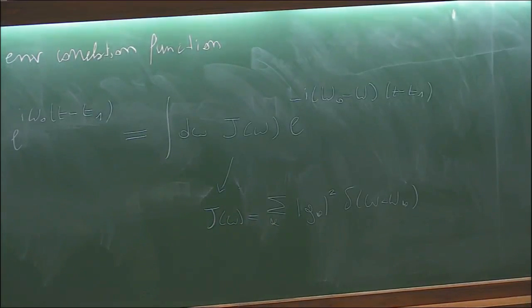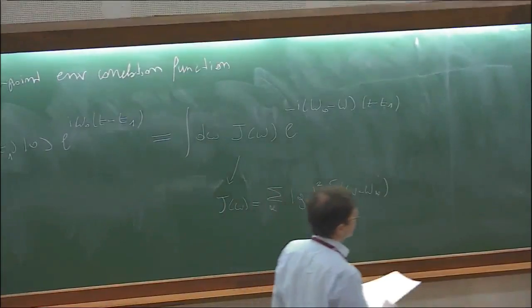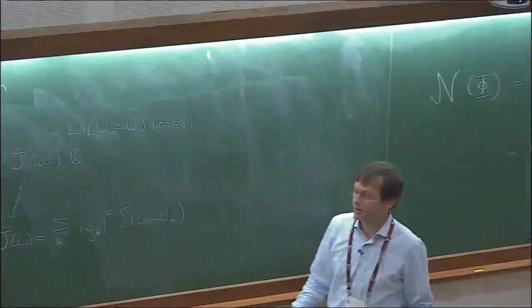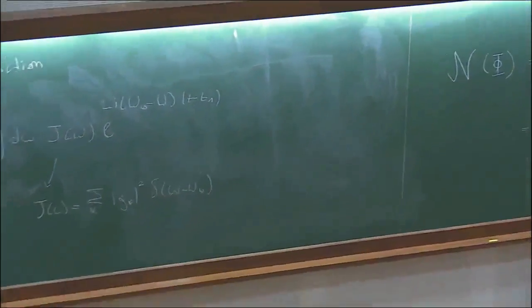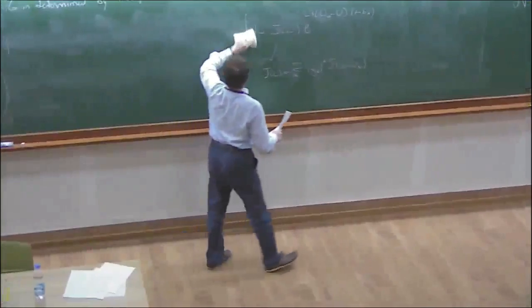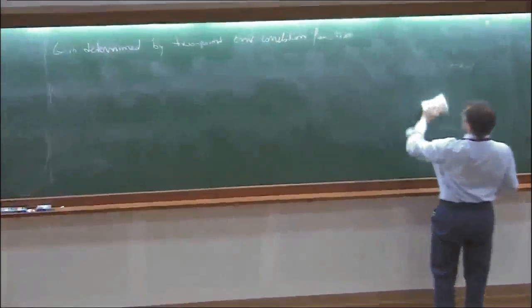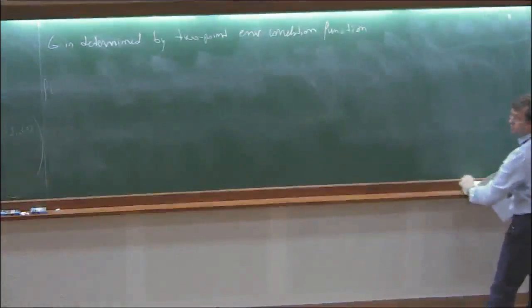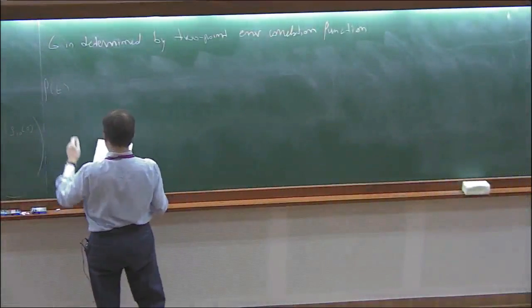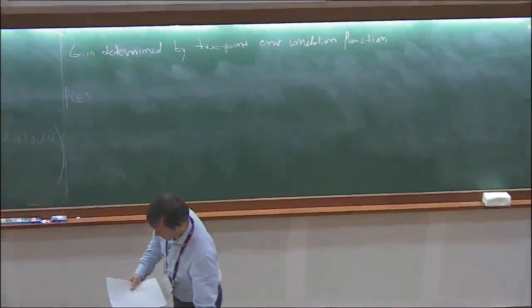What I will do now is to make a special choice for this correlation function, but a natural one, and for the related spectral density. The idea is now that the correlation function decays exponentially, which is one of the naturally expected behaviors for a correlation function of the environment. So we assume that f of t takes the following form.